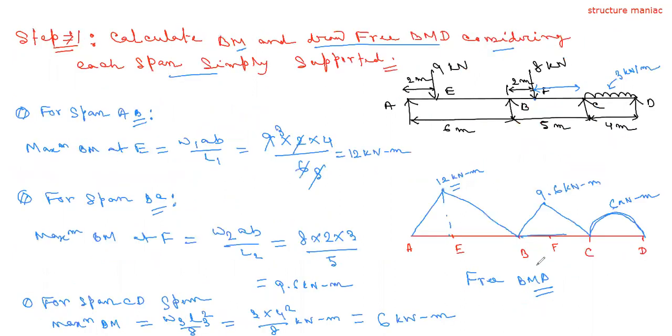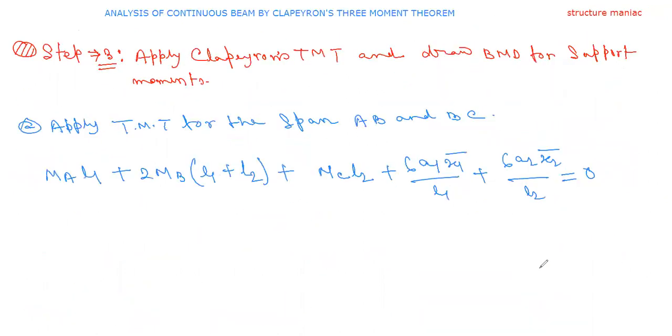And one more thing, what we know about this continuous beam, the A point is simply supported. That means the moment at A will be 0. So we have a condition. For this case, MA will be equals to 0.